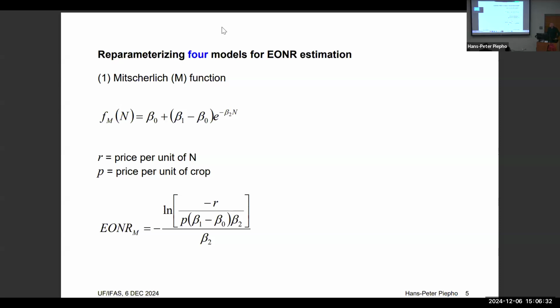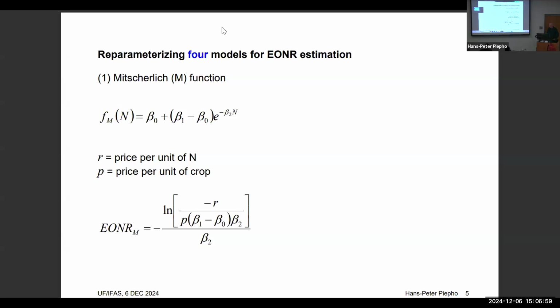So I'm going to go briefly through a couple of models that are commonly used that you're probably all familiar with. One is the Mitscherlich function, a nonlinear dose response function, which has an asymptote. And that's often a plausible model, because if the N rate is low, the increase you get from applying an extra unit of nitrogen is higher than when you're already at a very high level.